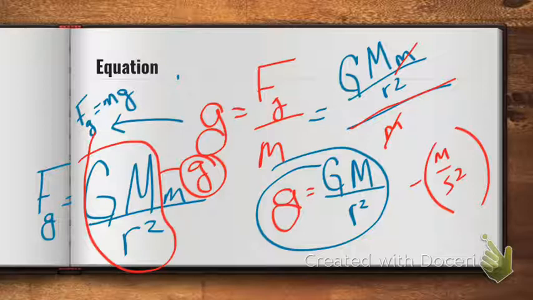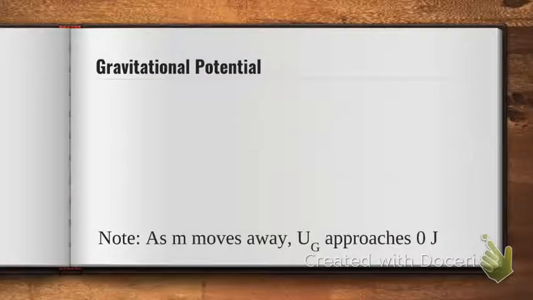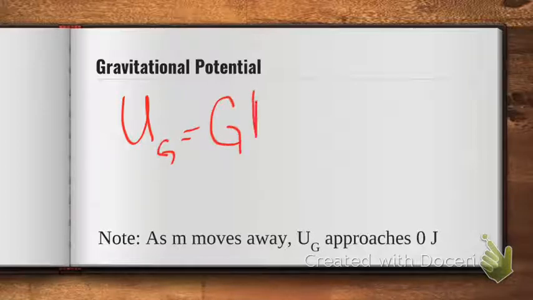Now, one more term. We're not going to spend a lot of time on it. Gravitational potential. If we can do gravitational forces on a big scale, the same thing occurs for energy. Gravitational potential energy on a big scale is G big M little m over R. And it is negative.